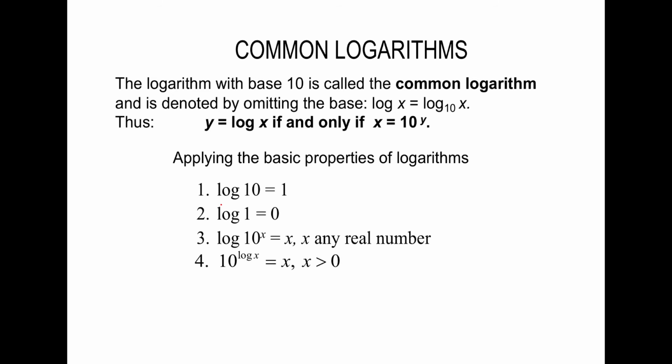In fact, generally, if you see log x, it's assumed that the base will be 10, and so they don't even write it. So the log that you see on your calculator is actually log base 10. That's why if you try to plug some of these in using your calculator, you're not getting the same results. That's because you're operating with the base 10. Most of our examples have been with log base 2 and 3.